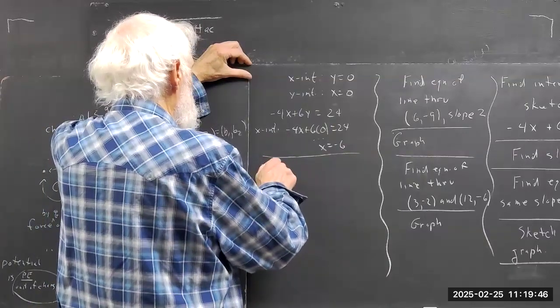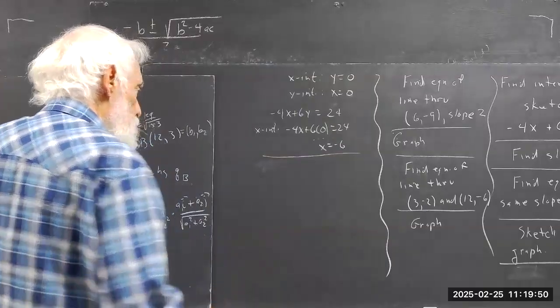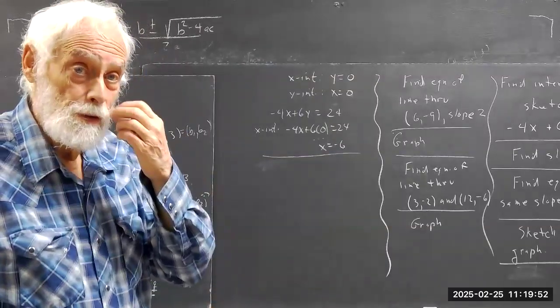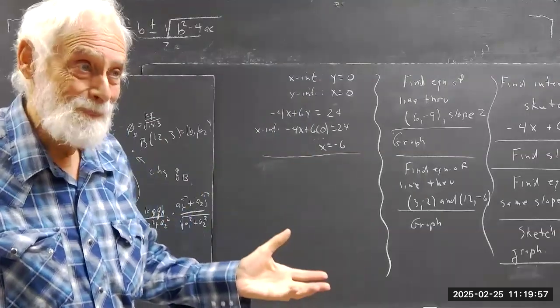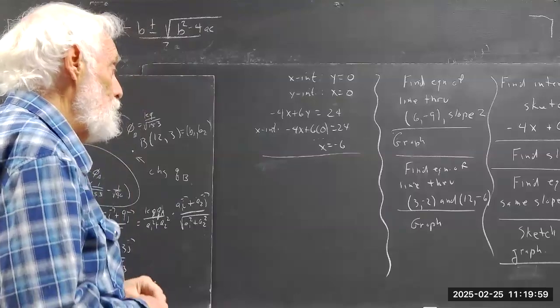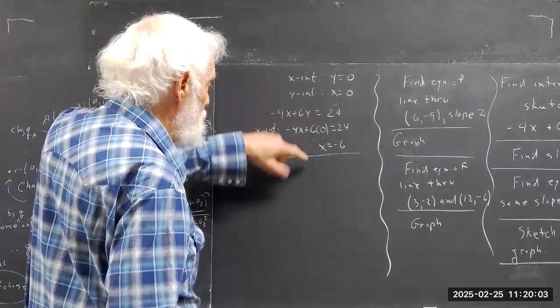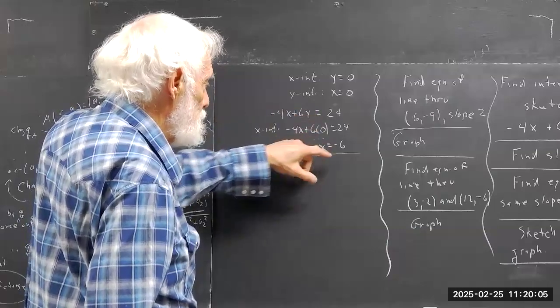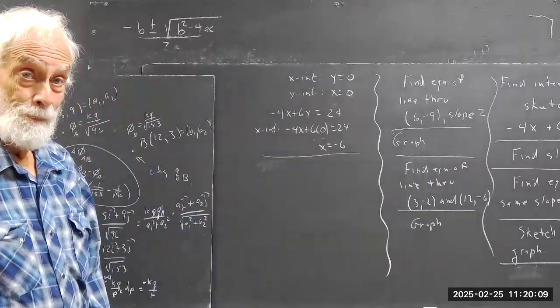Okay, y-intercept. One common thing that people do with intercepts that you just can't ever do, but a lot of people do it, 70%. So we want to be sure we don't do this. Once we've got one of the intercepts, we know that x is negative 6 when y equals 0, right?